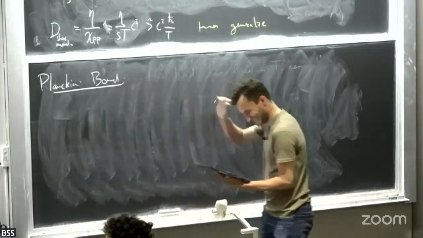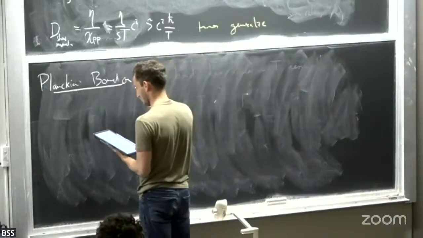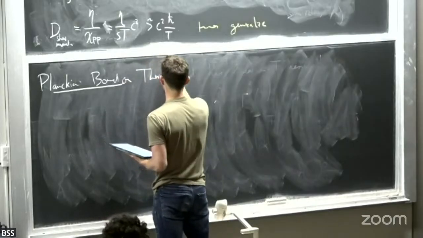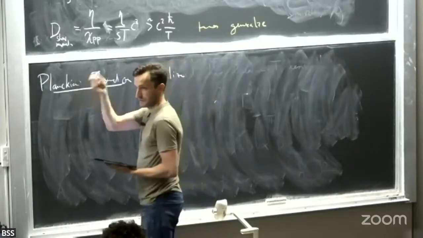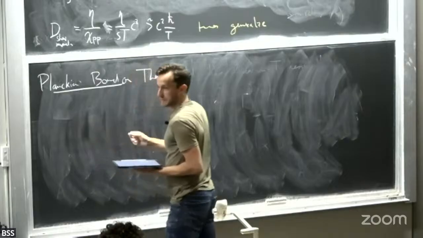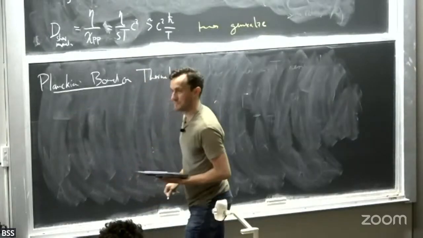Yeah. Completely different physics. And no, but I actually agree with this. In fact, that brings us to the Planckian bound on thermalization. You could think of this already as a bound on the equilibration time, except it's still involving transport, which is highly non-trivial. I would like the right hand side of that thing to be simpler.